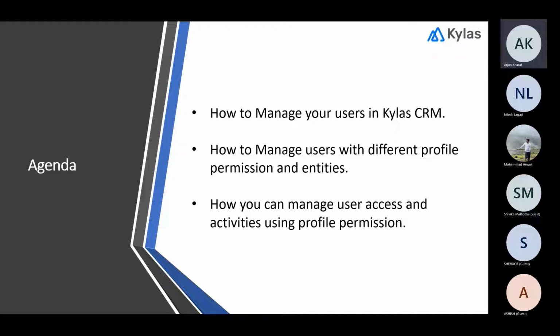And the last one is how you can manage user access and activities using profile permission. Like in the CRM industry, the user can perform a lot of activities such as calling, sending WhatsApp, SMS, or messages, emails, meetings, such things. How that can be controlled, we will be seeing in today's webinar.